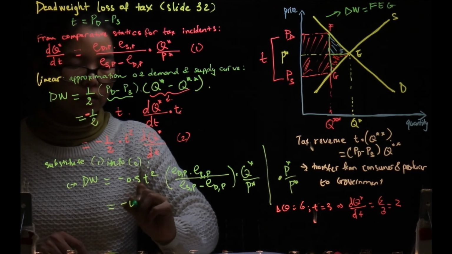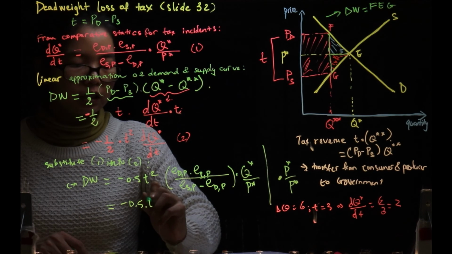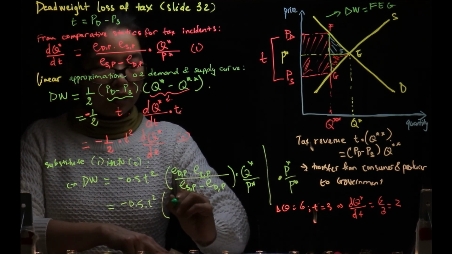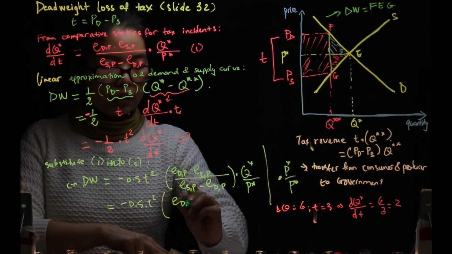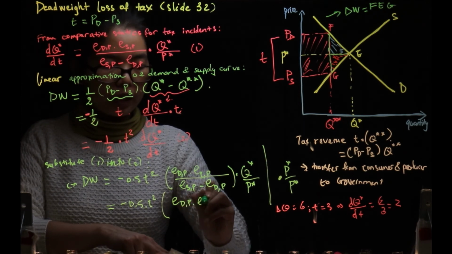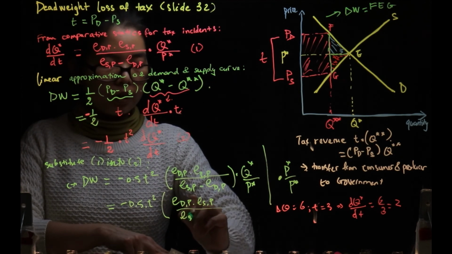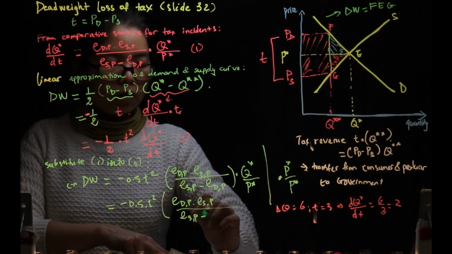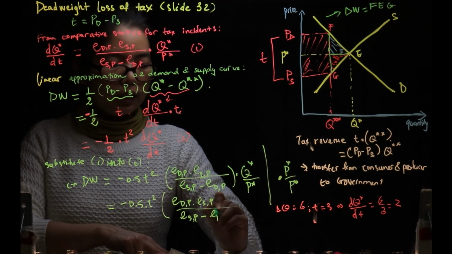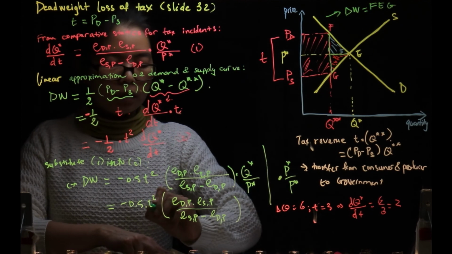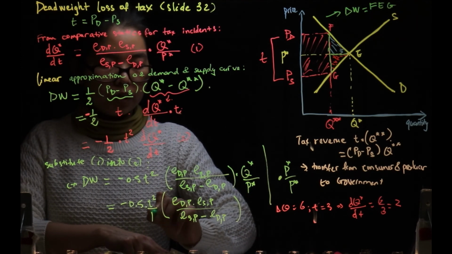So that is minus 0.5 T squared times EDP times ESP, over ESP minus EDP, the whole thing in the bracket, over P star.